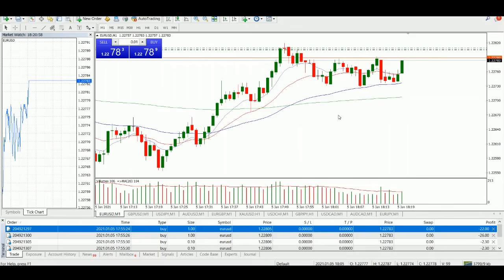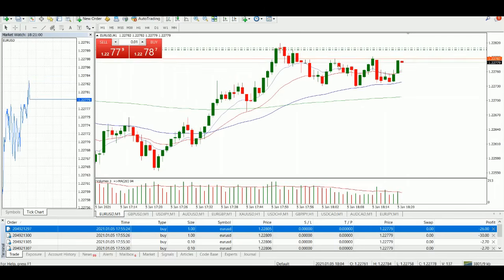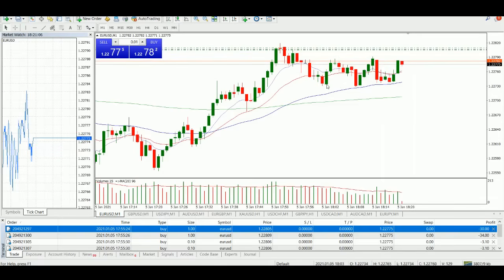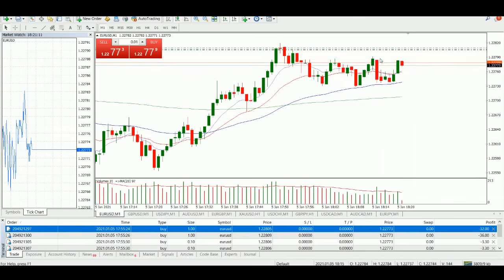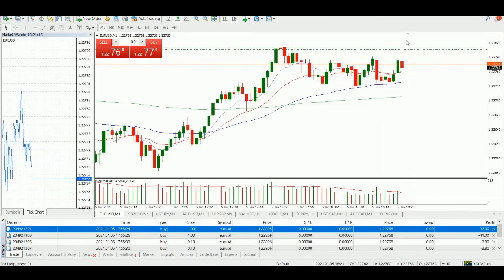As you can see here, we have support and resistance. So mainly it's a ranging level. This is the low of it and this is the high. So now if price is able to break this high, it will continue up, continuing this uptrend.